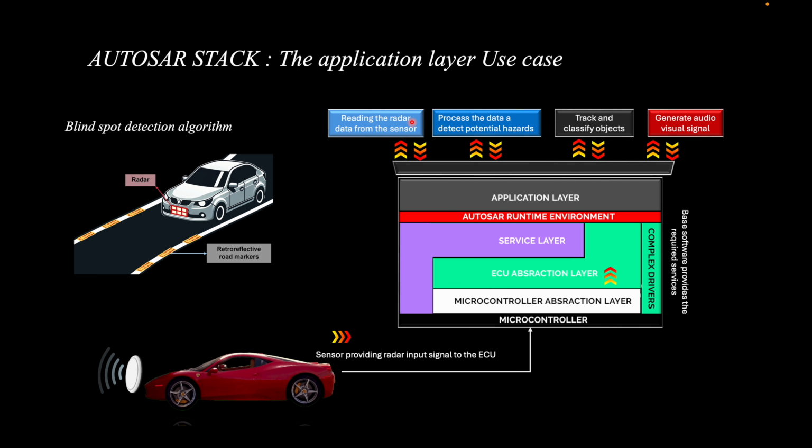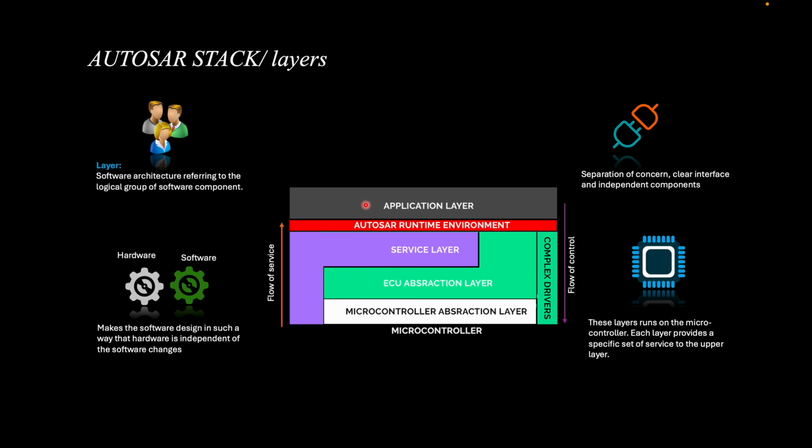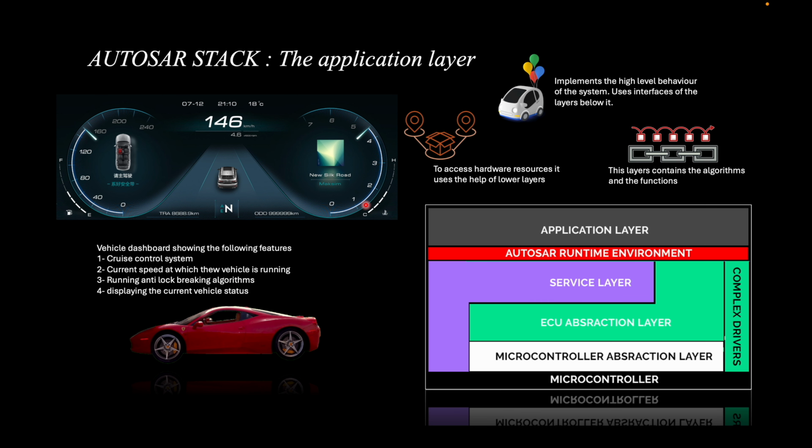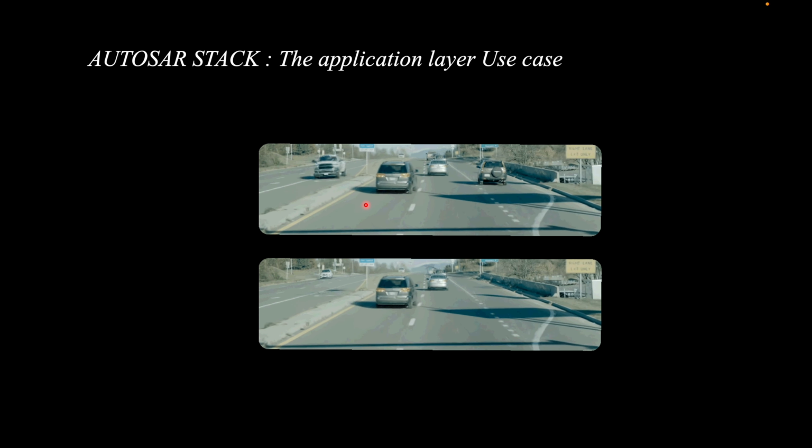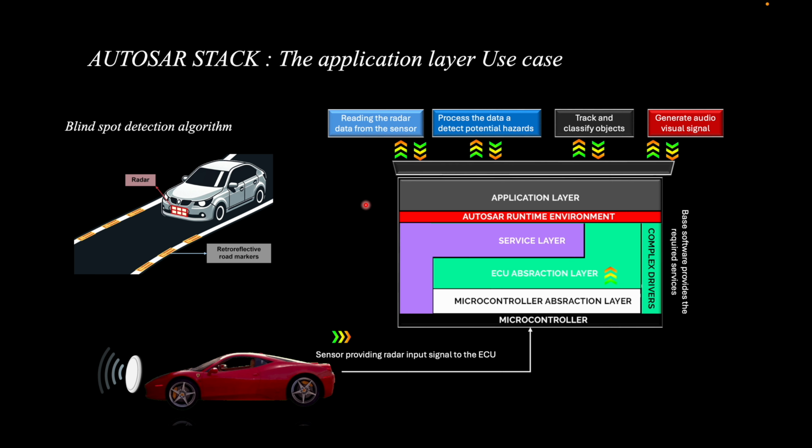So till now, what we've seen is different layers of the Autosar architecture and how these things work. We also saw the application layer and what can be done with the help of the application layer. And we saw a use case for the blind spot detection. And yeah, this is all about the application layer.